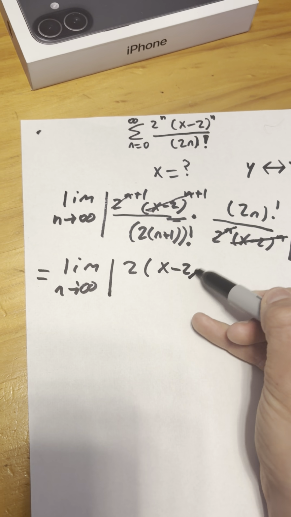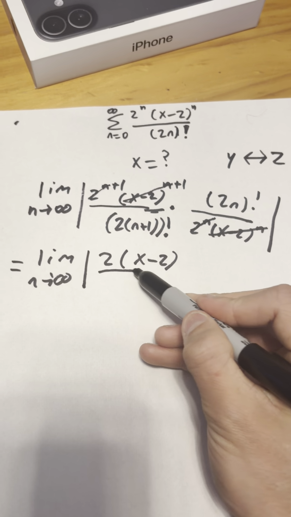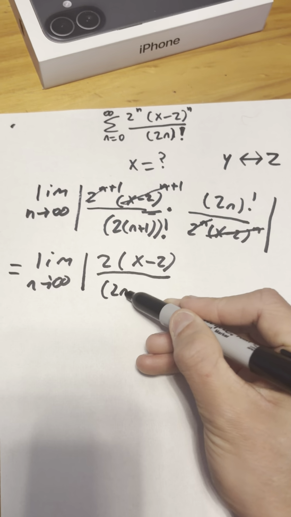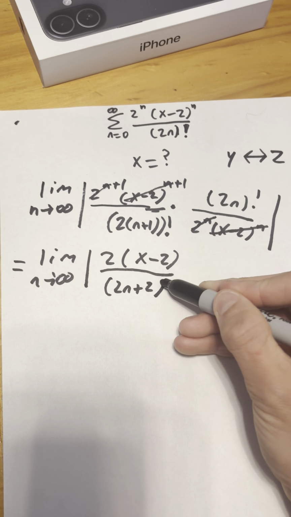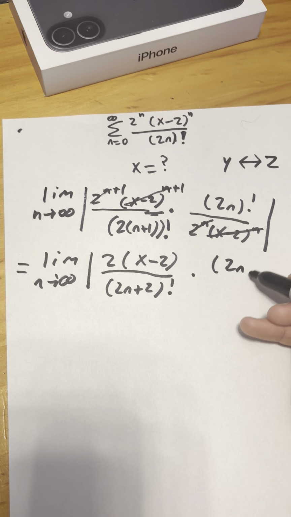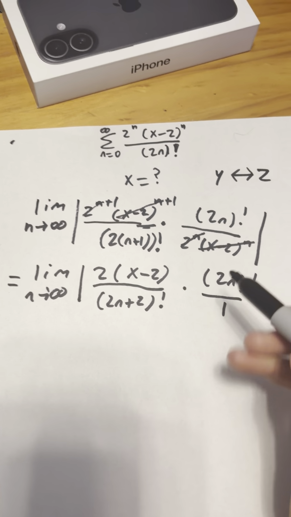The x minus 2 is still there because of the 1's. And this down here gets simplified to 2n plus 2 factorial. And then, well, that's all gone, so it's just 1.